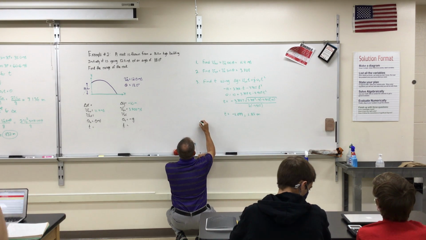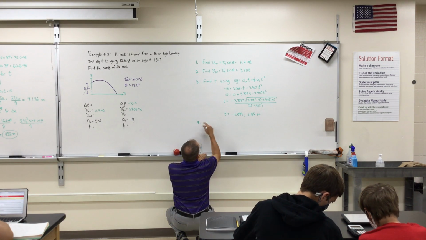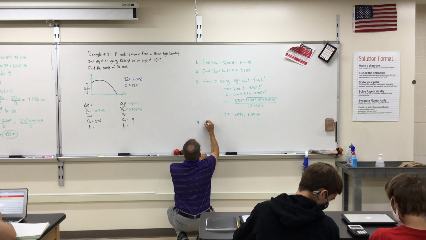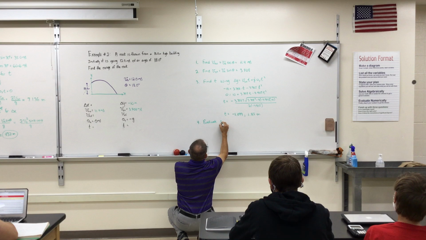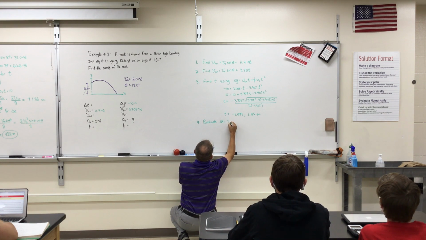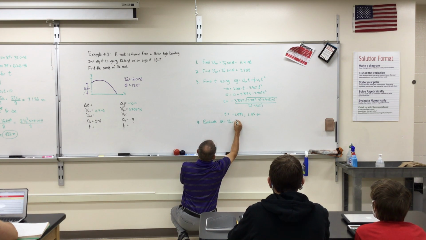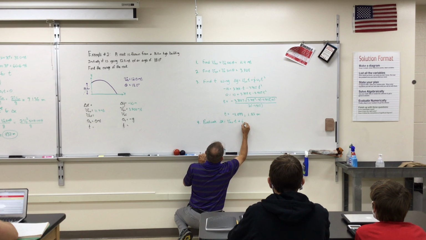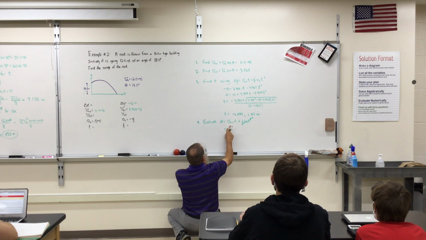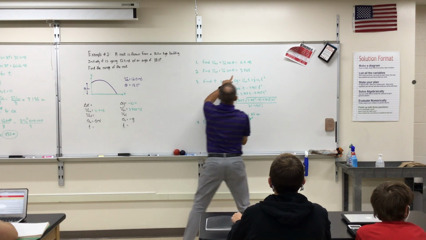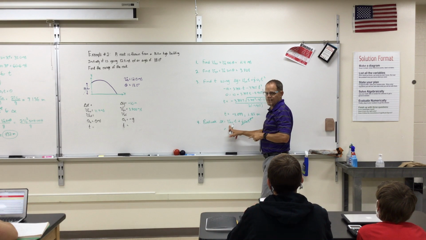And now we don't have an algebraic solution here, but we are just going to evaluate the range equals the velocity in the x direction initial times the time plus 1/2 the acceleration in the x times the time squared. That, of course, is 0. And so just plug in your velocity in the x direction initial, which is 11.4.